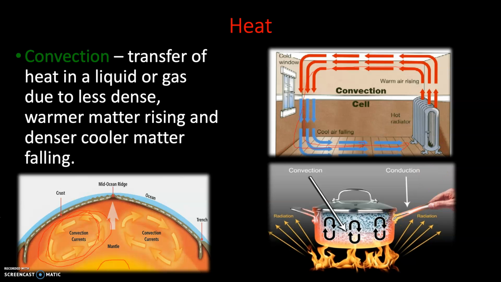When you're cooking something in a pot, say you've got a pot full of water and you've got some pasta in there or something like that, the hot water molecules at the bottom of the pot rise to the top, and as they cool, they fall back down to be reheated by the fire that's underneath them. So when you're cooking within a pot, you also form convection currents.